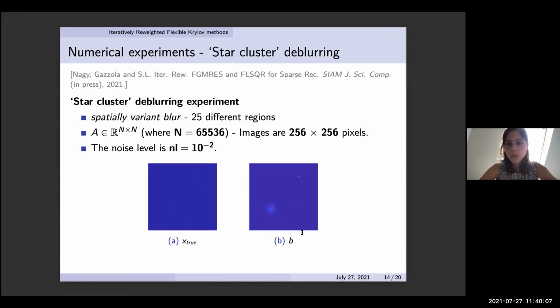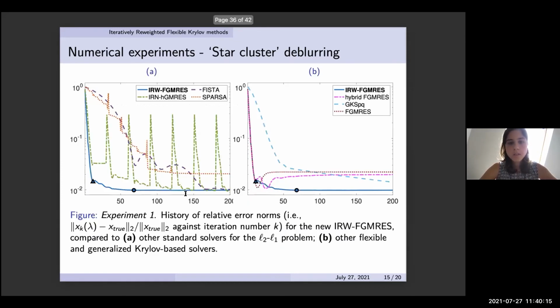This thing has been blurred. And we basically use these iteratively weighted flexible Krylov methods to obtain an approximation of the solution. And these are just some error plots, quite standard. Yes, our method works quite well if you compare it with other methods. That's more or less the job, really nice.